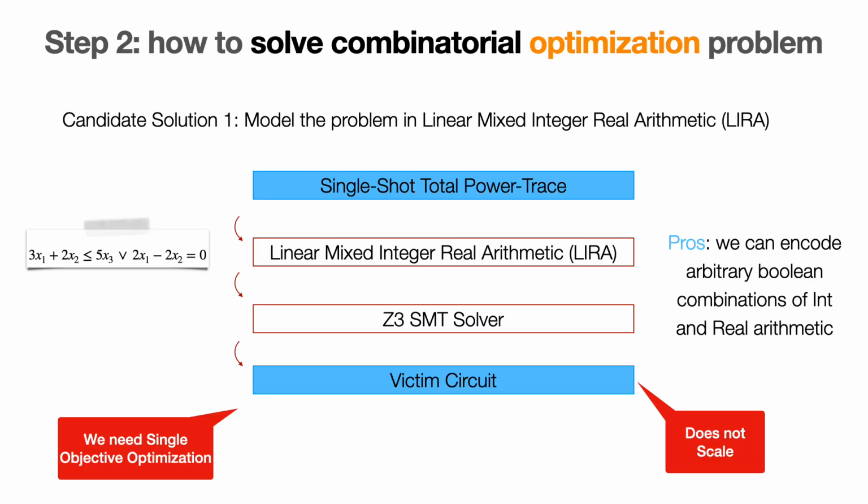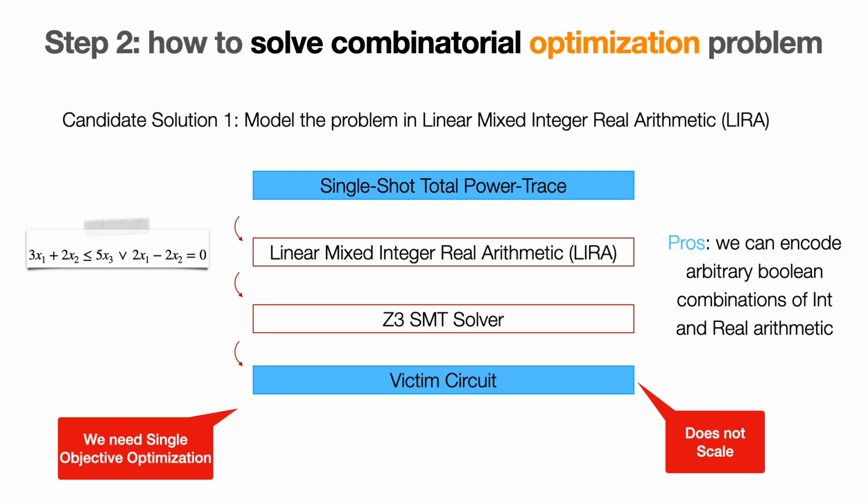We can model this problem in linear mixed integer real arithmetic, which is a first order theory whose instances we can solve using an off-the-shelf satisfiability modulo theories solver such as Z3. LIRA is a powerful formalism that combines linear equalities and inequalities with arbitrary Boolean connectors and allows us to mix integer and real variables.